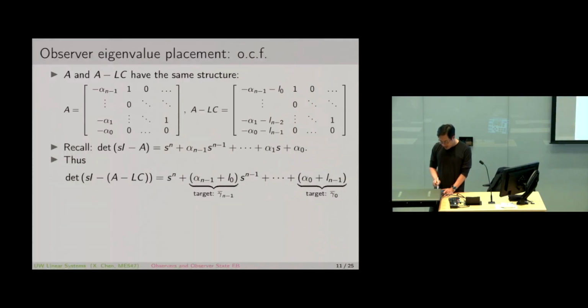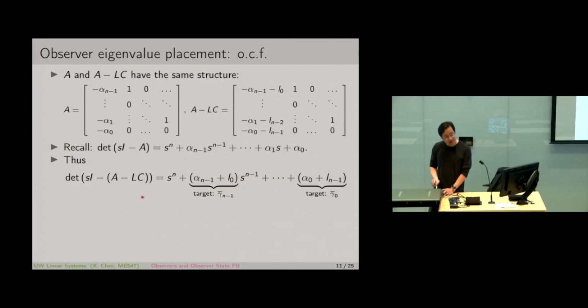Recall the eigenvalues of A come out of the characteristic equation: the determinant of sI minus A is determined only by the first column, in this form.